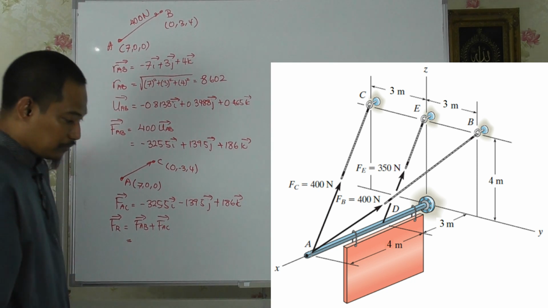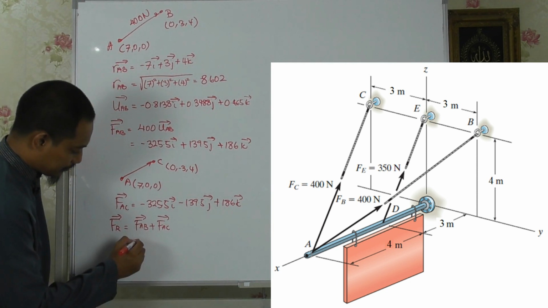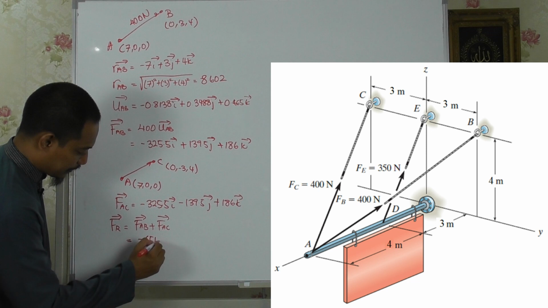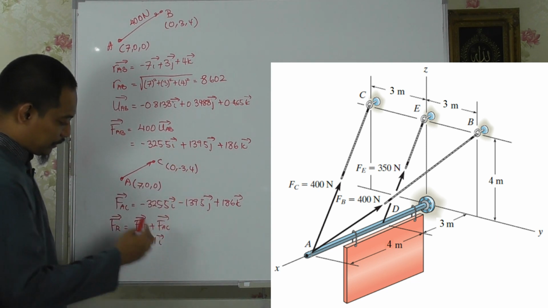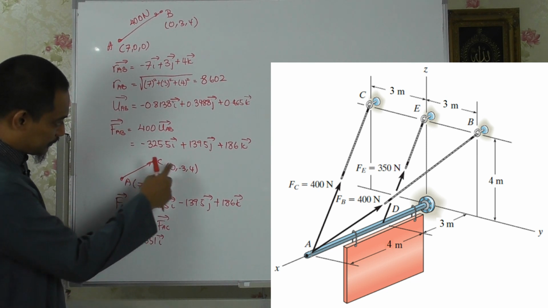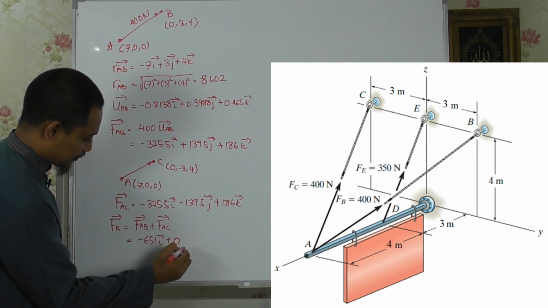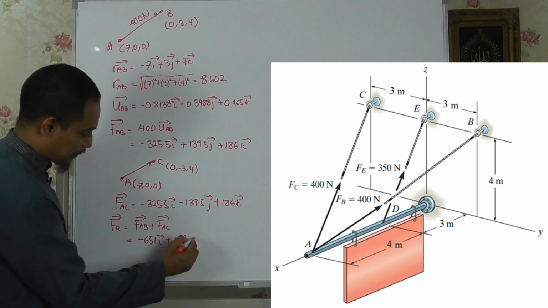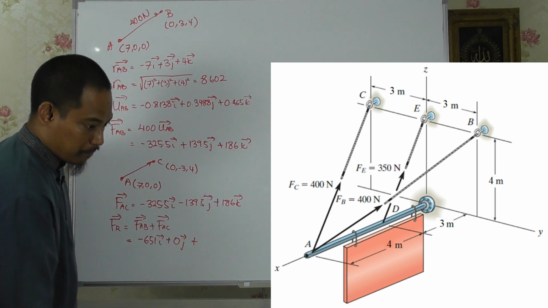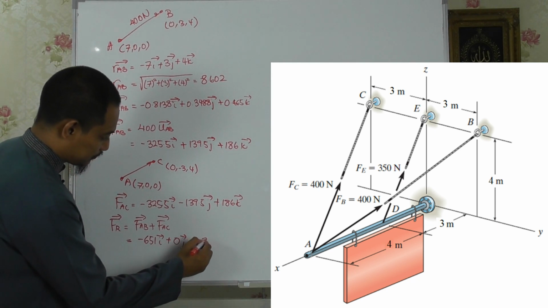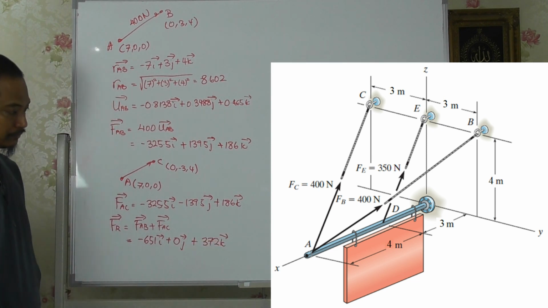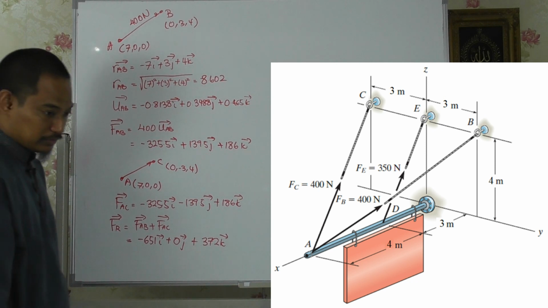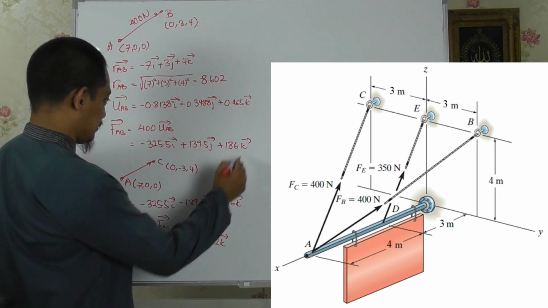So if you add, you will get minus 651 I, and then this minus plus this, they cancel each other, so 0 J, and then plus 372 K Newton, right? This is all in Newton.